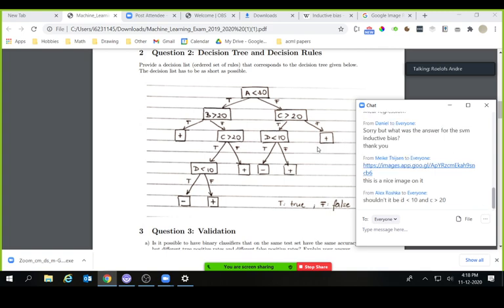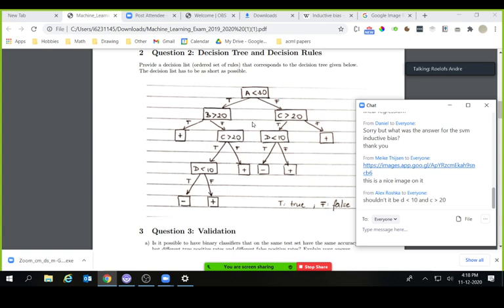Any questions about this particular example? Shouldn't it be D is smaller than 10 and C is bigger than 20? So do we actually need, from this, to know what C is? Because it is bigger than 20 in all of the cases. Actually, wait.